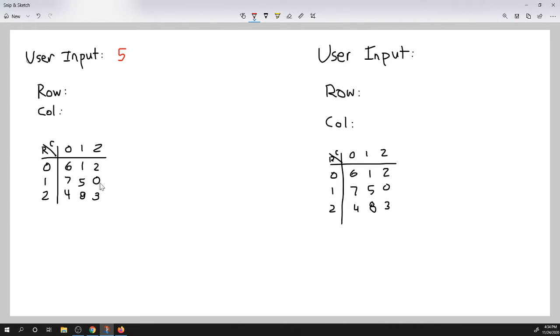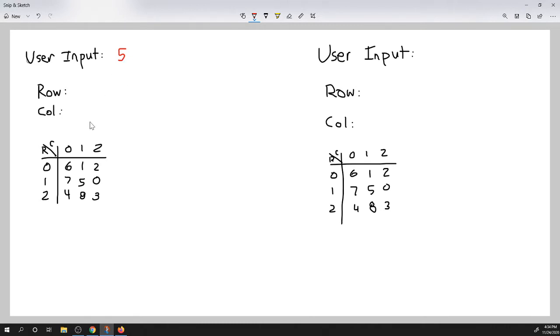If you work off of the 0, you do the same thing, but looking to see whether the number that the user entered is directly above or below the 0, or to the right or to the left of the 0. You can do it either based on the 5 or based on the 0. I'm just going to go with the 5 in this case, what the user inputted.